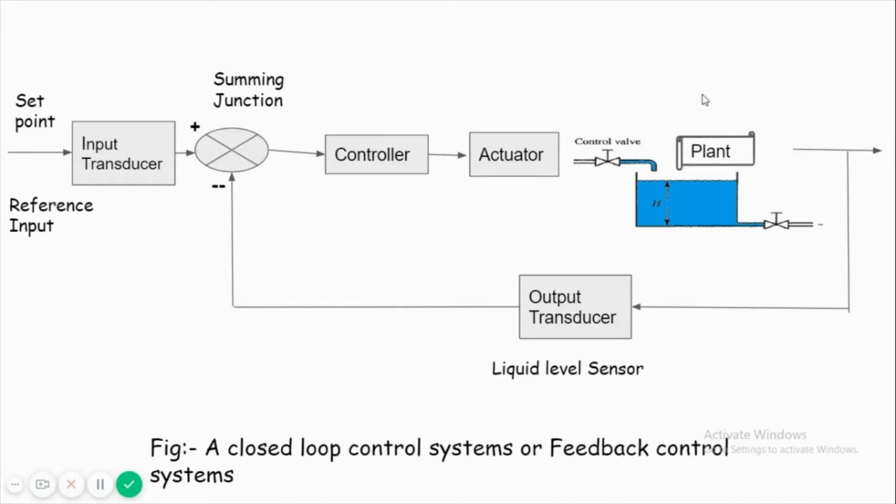So this one is our plant because it is taking some input and it is providing some output. So here H, the height of the liquid, is the output. And what is the input to this plant? The rate of flow that is controlled by this knob is the input to the plant.